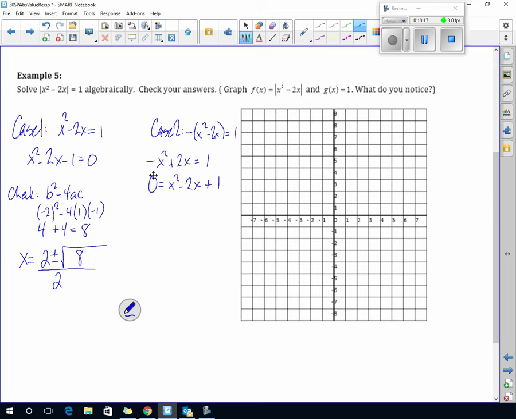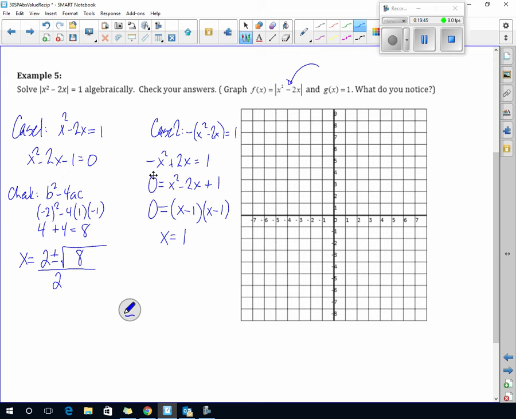Okay, and you might say, well, you didn't do the restrictions here. So we're going to graph these just so I can show you some stuff. So the problem is, do you know how to graph that? You should. We just did this. So how would you graph y equals the absolute value of x squared minus 2x?